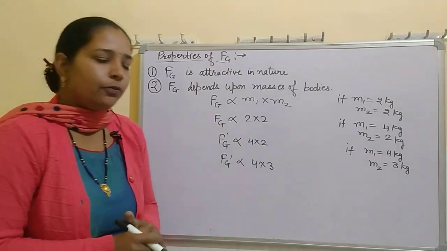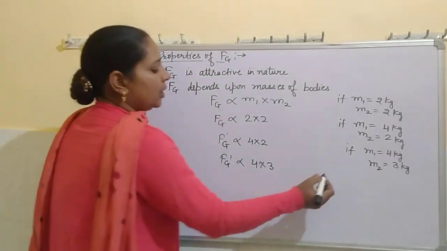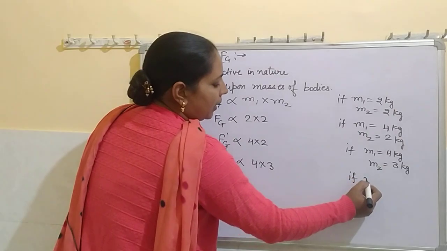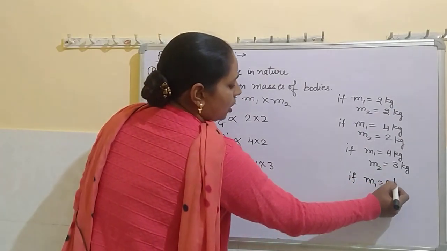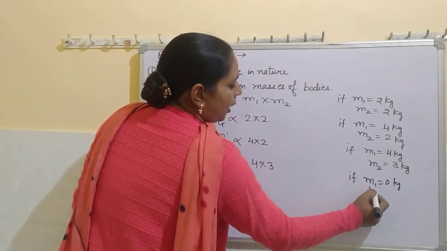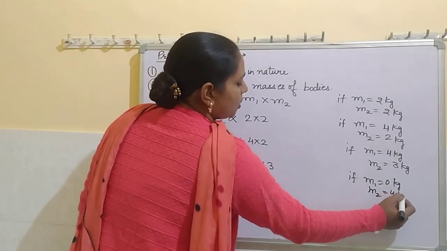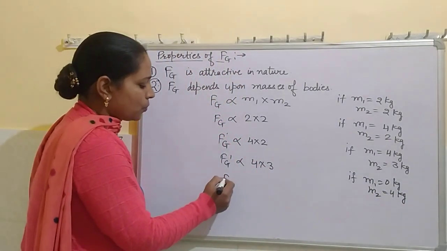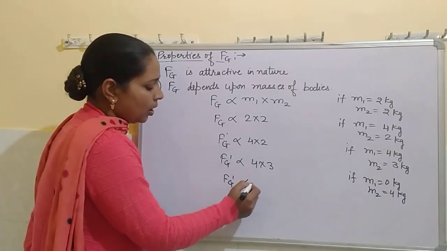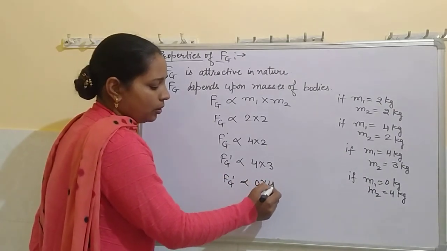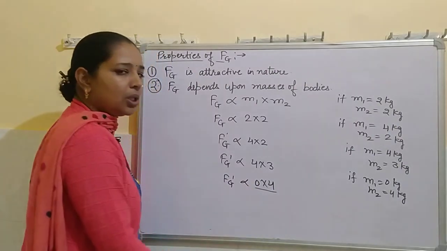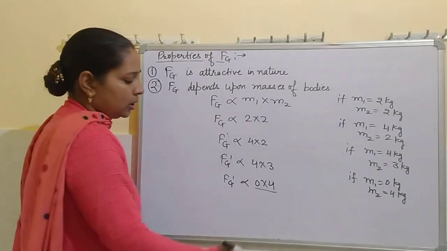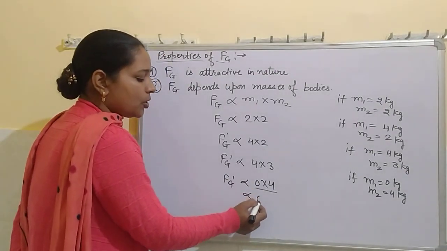What happens if the mass of one of the bodies is 0? If I write m1 is 0 kg and m2 is 4 kg, what will be the force? The force will be 0 multiplied by 4, and we know that anything multiplied by 0 comes out to be 0.